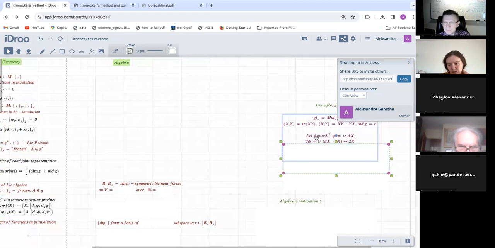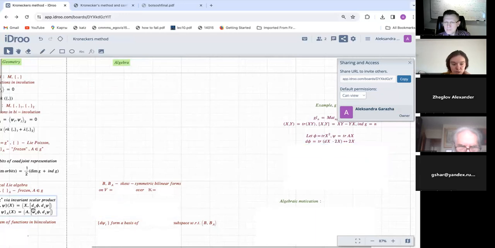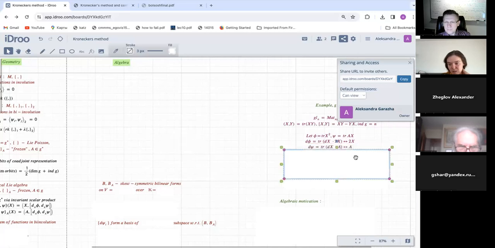For example, for the function phi, the differential of phi is just the trace of the differential of x multiplied by 2x, and we want to obtain an element from the Lie algebra.